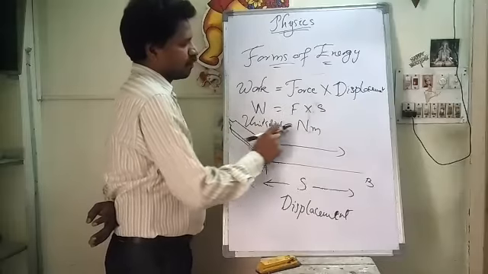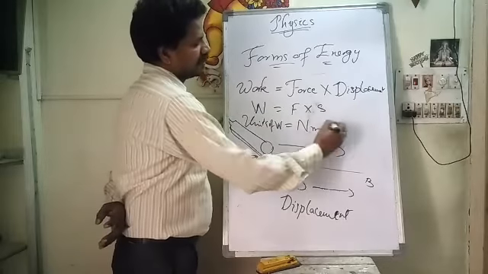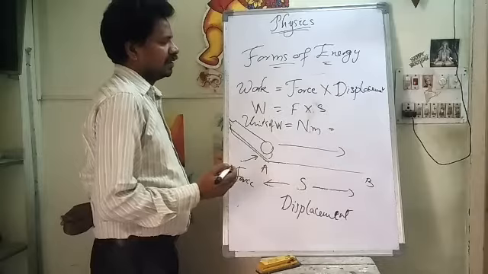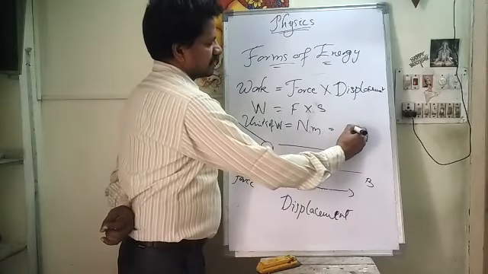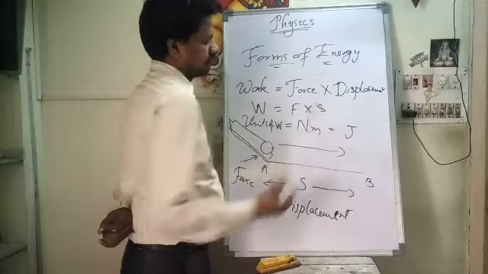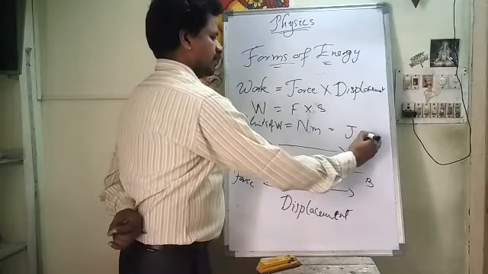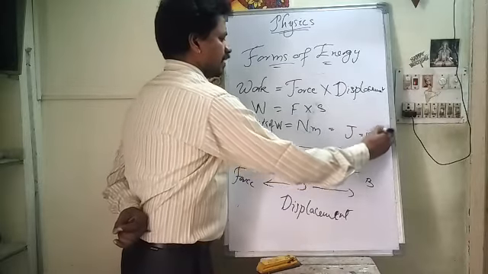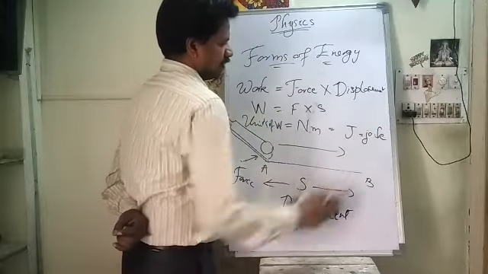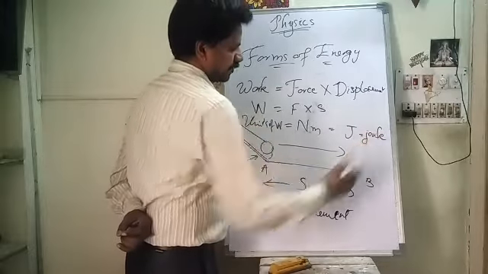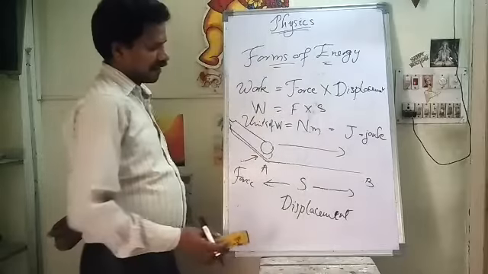That's why the unit of work equals newton meter. That can also be said as joule. In small letters you can write joule. That is work.